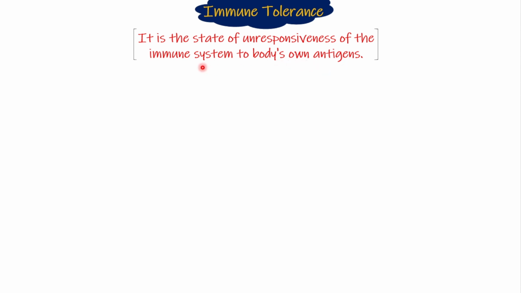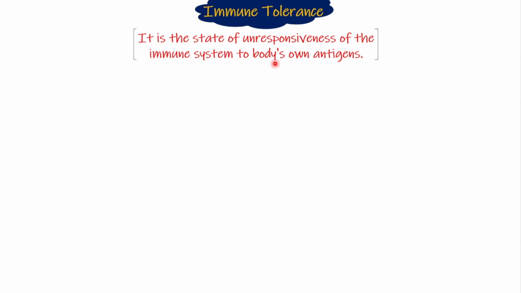Now, what is the function of the immune system? The immune system is basically designed to get activated whenever there is a foreign antigen in our body. But it does not respond to the body's own antigens.